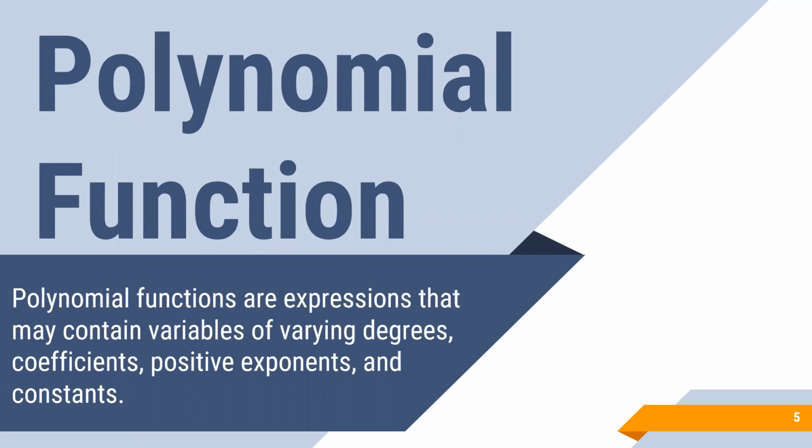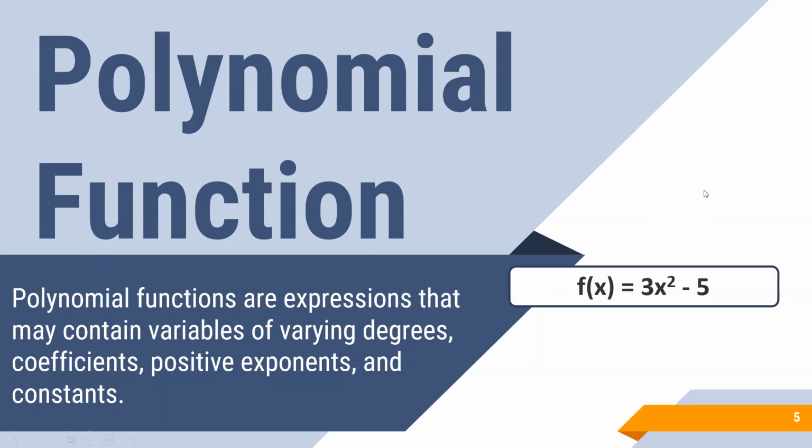Pag sinabi nating polynomial functions, these are expressions that may contain variables of varying degrees, coefficients, positive exponents, and constants. All right, so meron tayong iba't ibang polynomial function. Here are some examples.